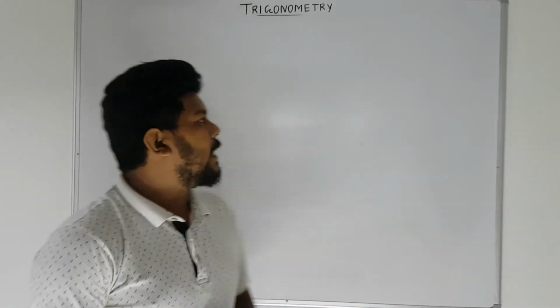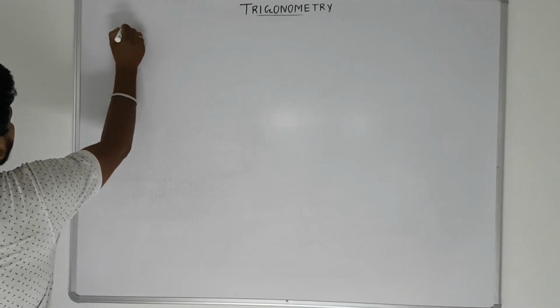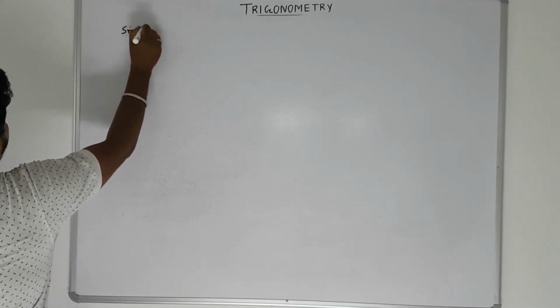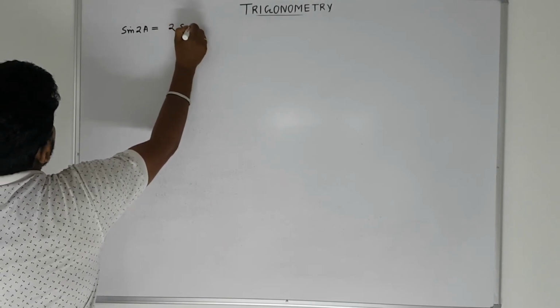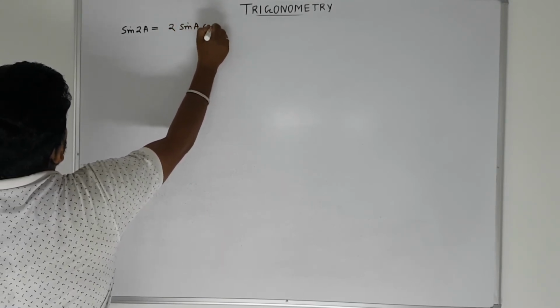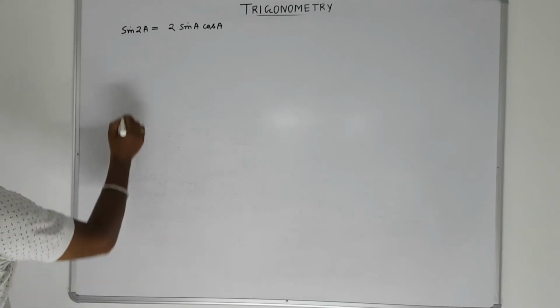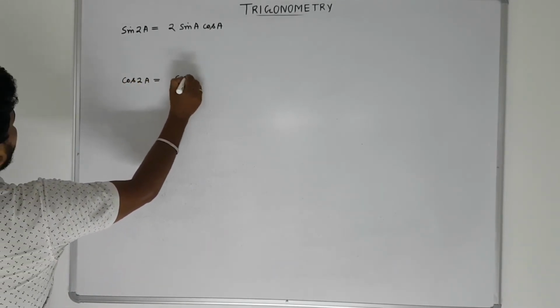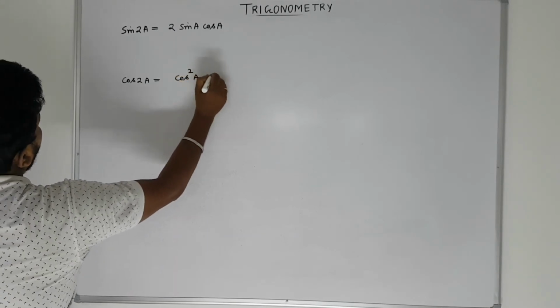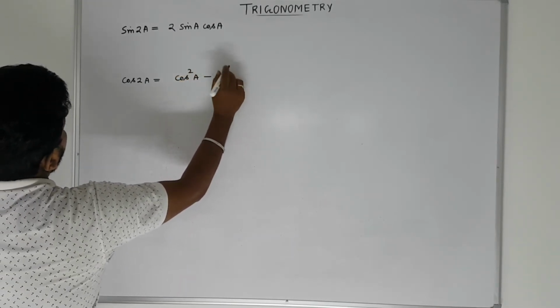Like sin twice A is equal to twice sin A cos A. Cos twice A is equal to cos square A minus sin square A.